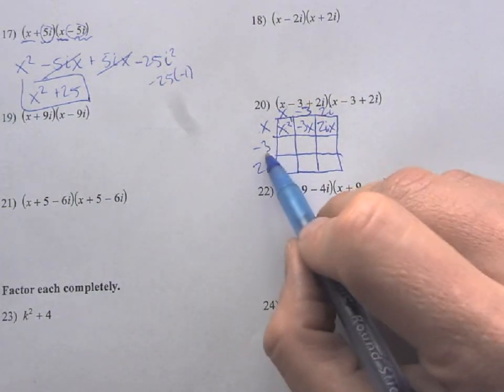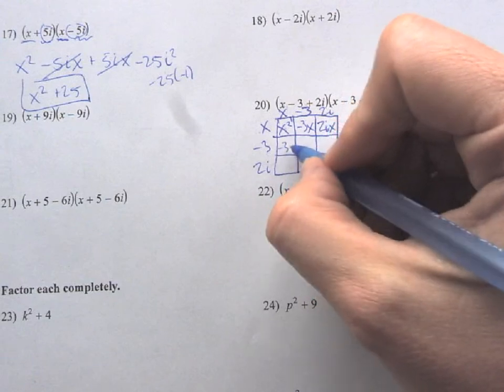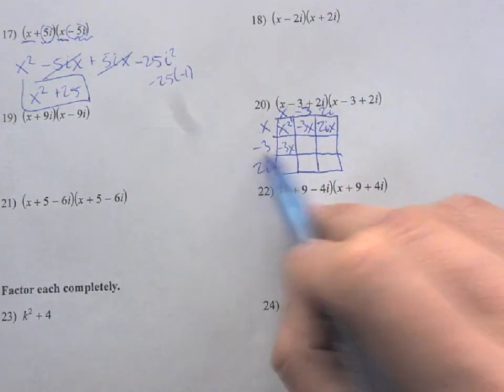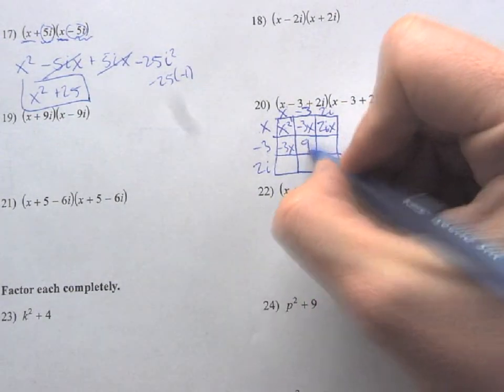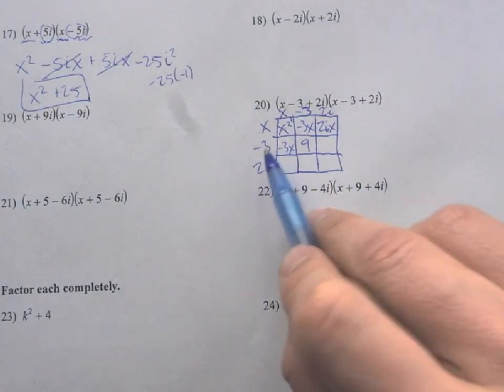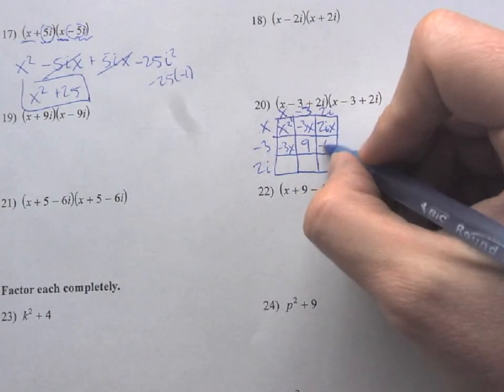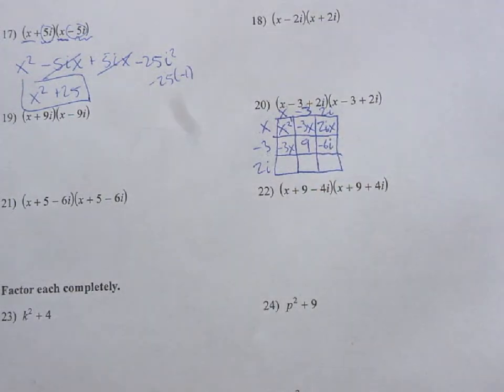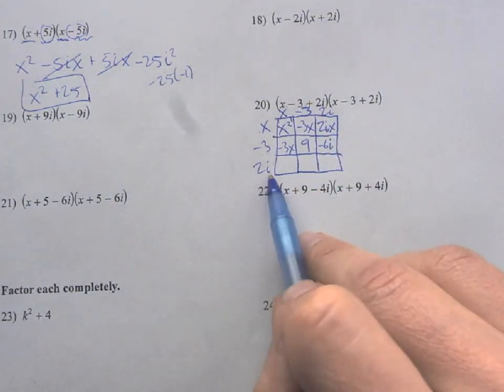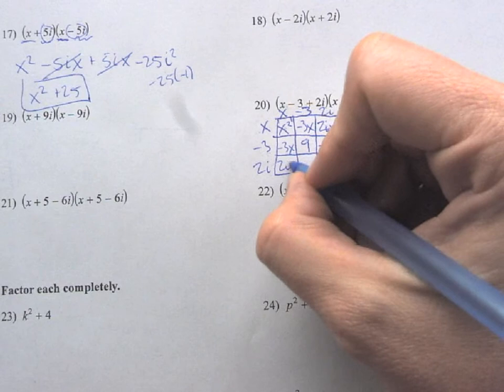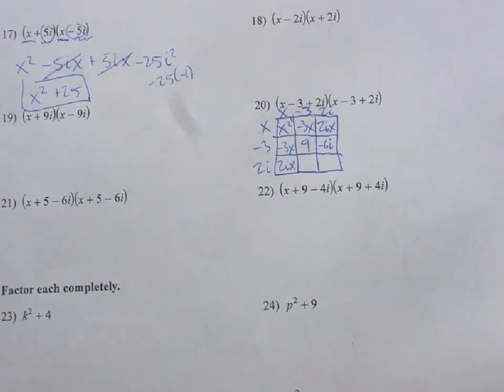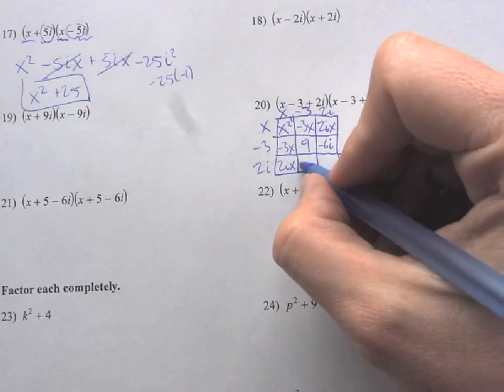Then we have negative 3 times x, which is negative 3x. Negative 3 times negative 3 is positive 9. And negative 3 times 2i is negative 6i. Bottom row, 2i times x will be 2ix. 2i times negative 3 is negative 6i.